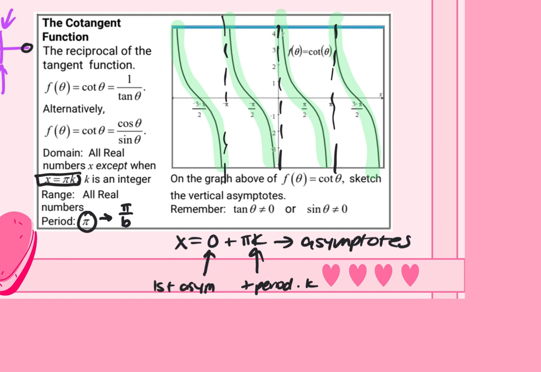Then when it says find the domain, my domain is going to be all real numbers except where x equals the same answers as your asymptotes. So pi k, or 0 plus pi k. Because it's telling you it's all the numbers in between, but it has to skip where all those asymptotes are. And you could put a, r, n for all real numbers. I don't care how you write that out. Just know that that's what that means.